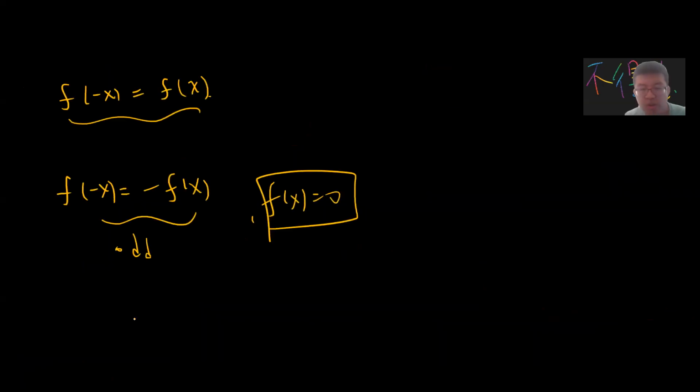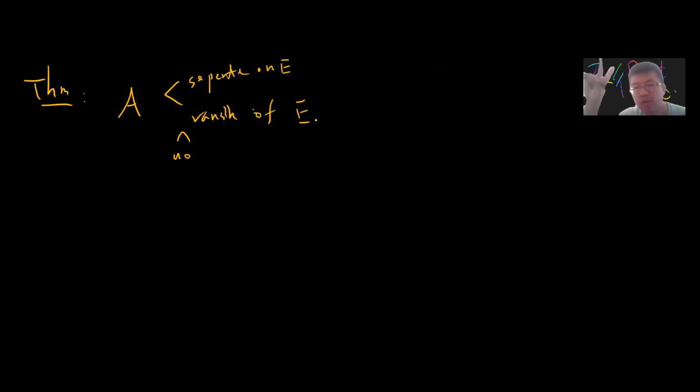This indicates that if you combine these two ideas, you should get a better theorem. So there is a theorem that I think is important, and very simple. Suppose A is a family of functions on E that separates points on E and vanishes at no point of E, satisfying the previous two conditions.